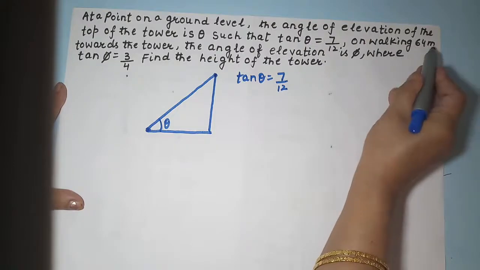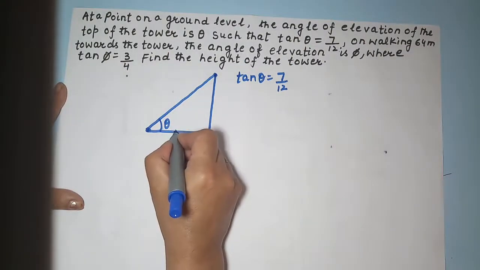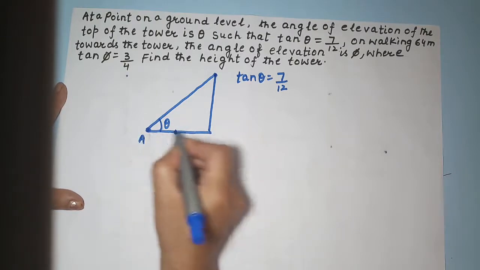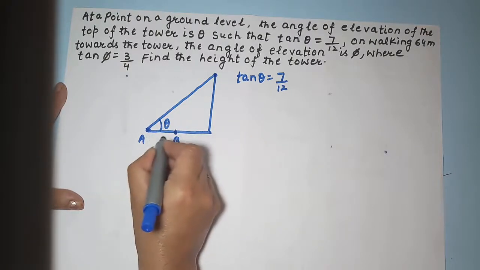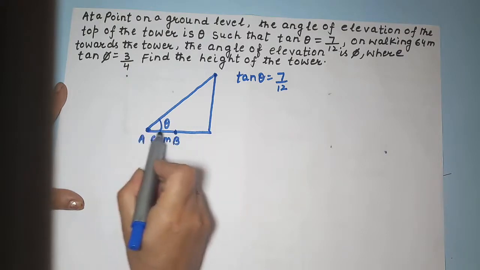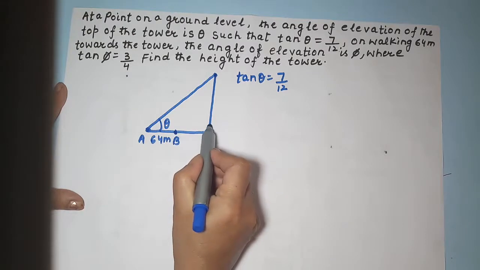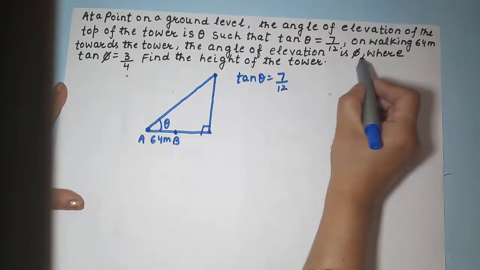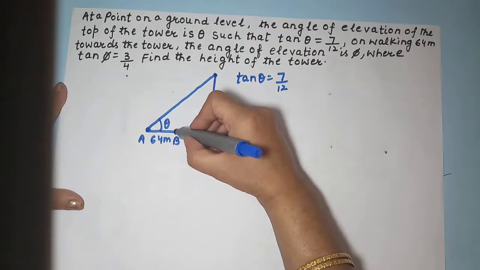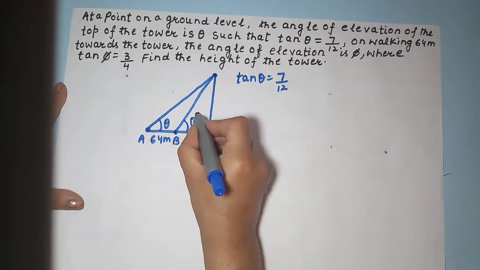On walking 64 meters towards the tower. So, if we walk, this is point A, this is point B and this distance is 64 meters. So, when we walk 64 meters towards the tower, and then if we look at the top of the tower, the angle of elevation becomes phi.